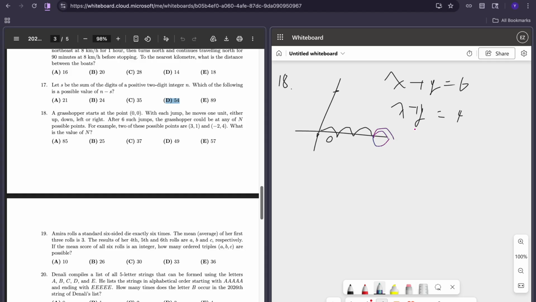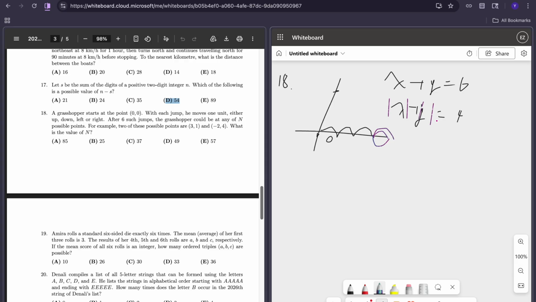an odd sum of the absolute value of x plus the absolute value of y. Why? Because you always have forward and backward in order to stay at the same point.